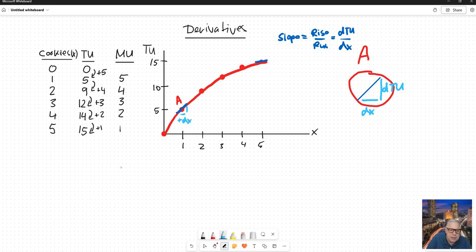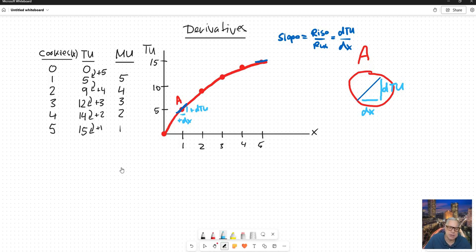So if you have here a little bit plus dx, then you get a little bit more total utility. But how much that extra total utility is depends on the position on the total utility function.